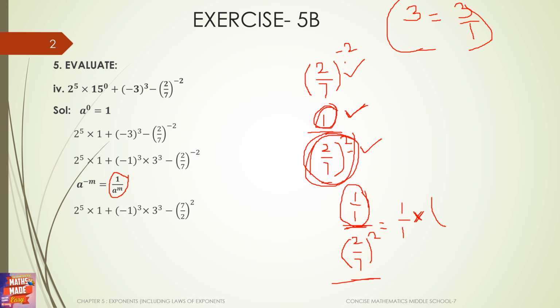Reciprocal means numerator will come to denominator and denominator will come into numerator, that is 7 by 2 whole square. Now multiply 2 with 1 on both the sides, multiply this with this part. So what you get is 7 by 2 whole square. This is how I got 7 by 2 whole square.